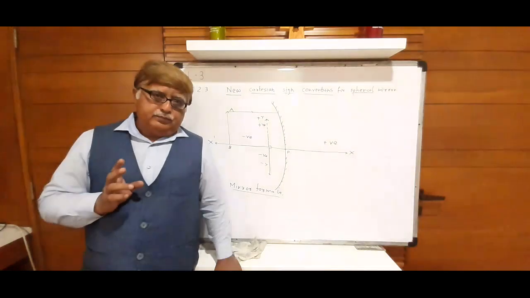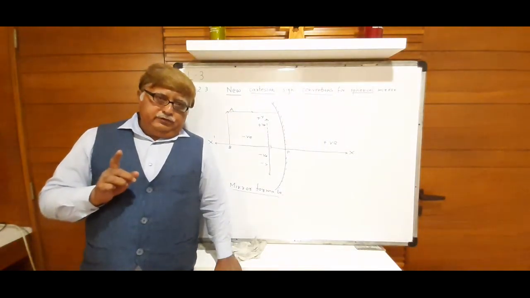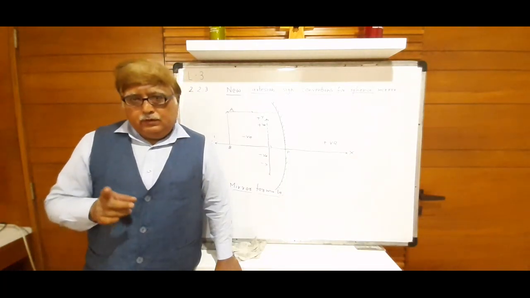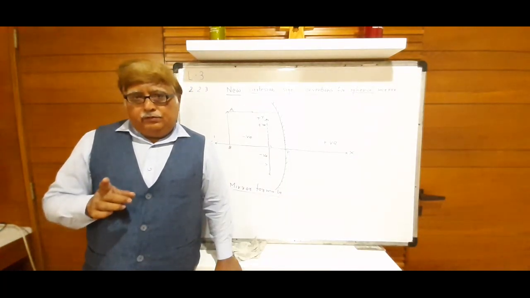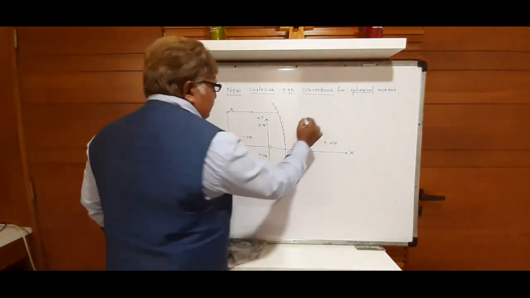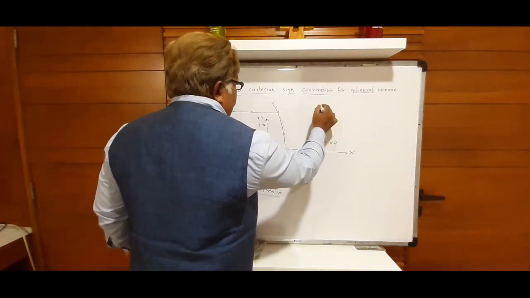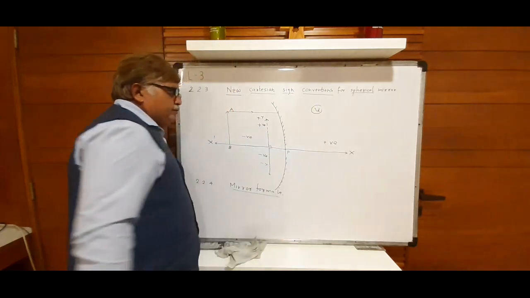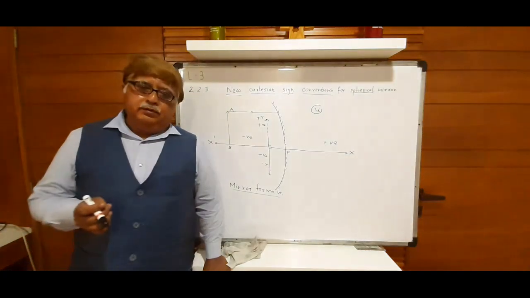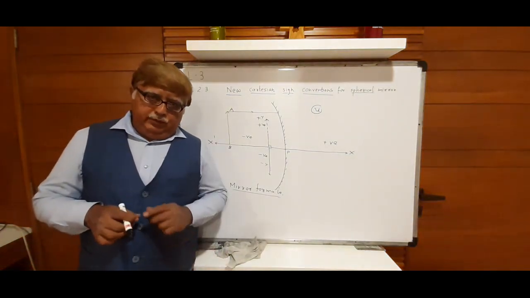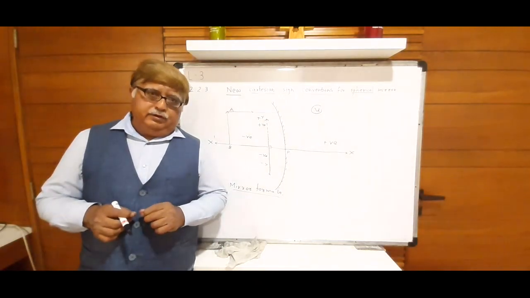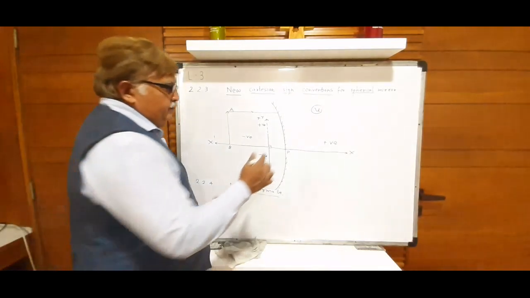First, object distance equals to u, small u. This is the symbol for object distance. Write down the second, image distance equals to v.